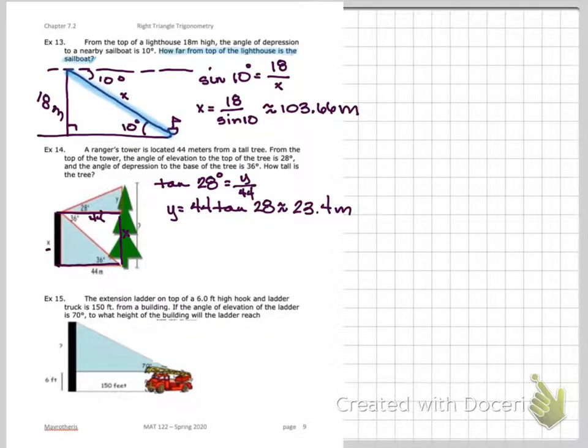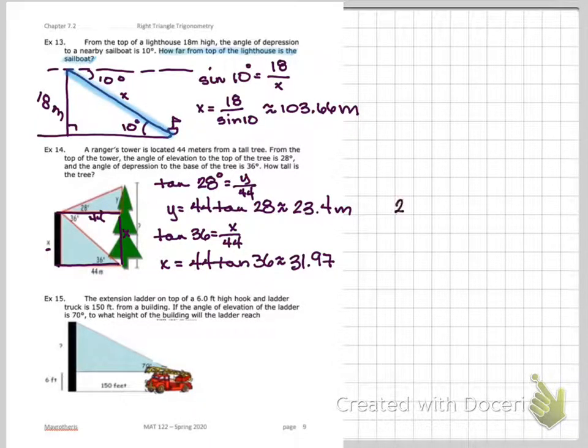And then we're going to find x the same way. Now we've got a 36-degree angle. We've got the tangent of 36 equals the opposite side over the adjacent side, x over 44. So x is 44 times the tangent of 36, which gives us an x that's 31.97.